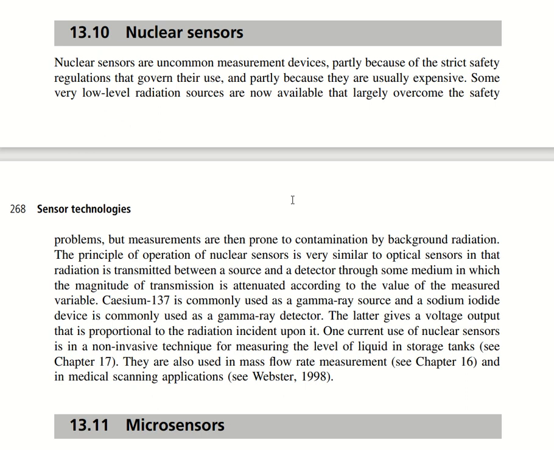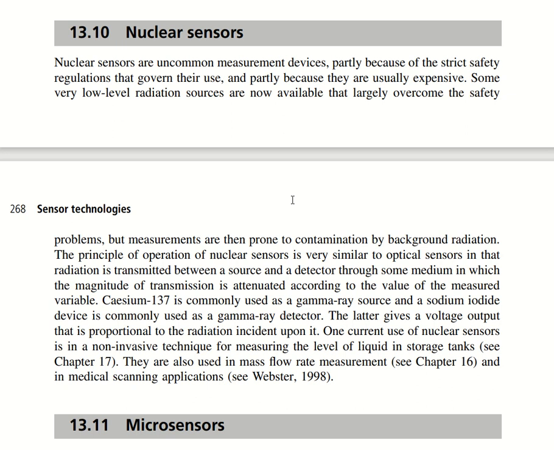The principle of operation of a nuclear sensor is very similar to the optical sensor, in that radiation is transmitted between a source and the detector through some medium in which the magnitude of transmission is attenuated according to the value of the measured variable. So Caesium 137 is commonly used as a gamma ray source, and a sodium iodide device is commonly used as a gamma ray detector.